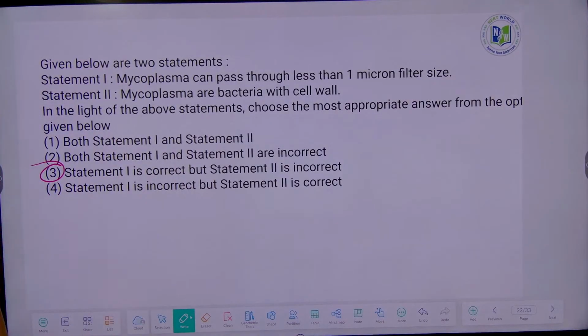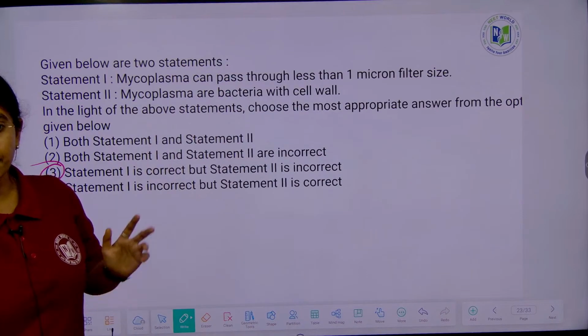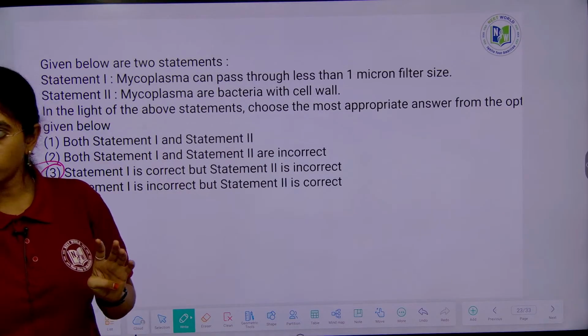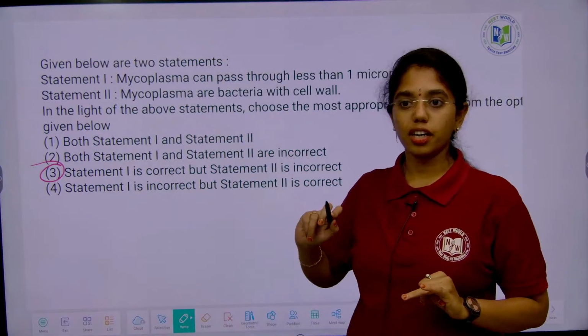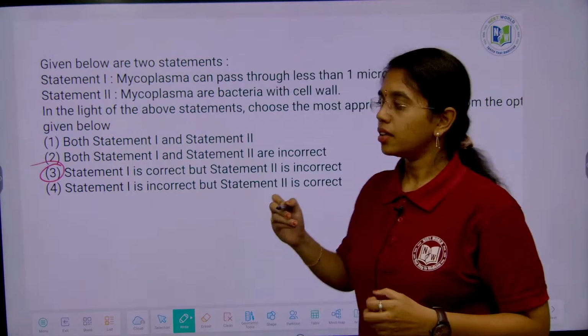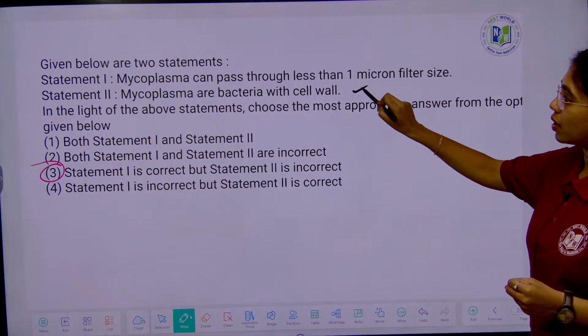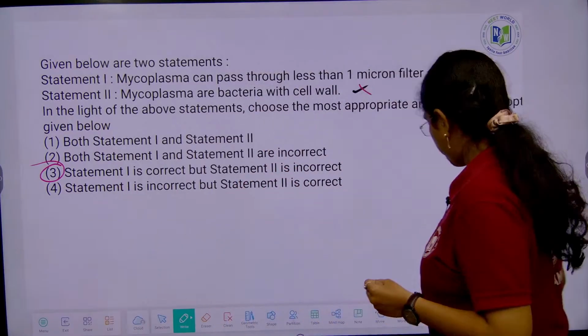Mycoplasma passes through a 1 micron filter paper, true. In other terms, in your notes there will be a line that these are wall-less bacteria and they can pass through filters. Statement 2: of plant kingdom with cell wall. Wrong, they are without cell wall. So statement 1 is correct and 2 is wrong. Next.